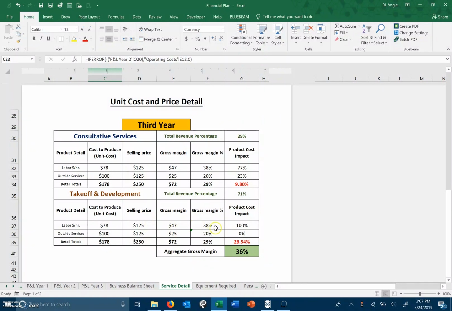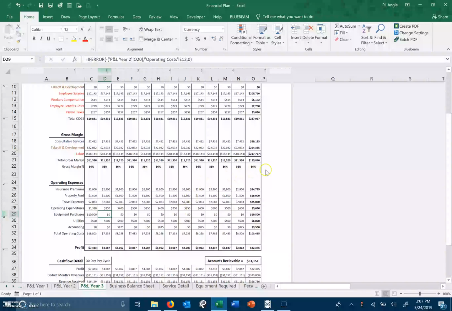That equates to the 38% gross profit margin on exactly that. And of the 71% gross revenue impact from this service being provided, that is company-wide 26.54%. Add that with consultative services, I'm making 36% total gross profit margin in year 3, which matches here, and I am growing in those areas.